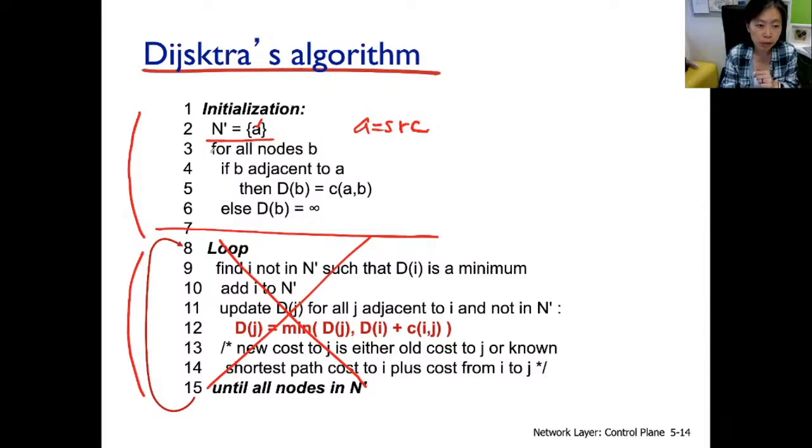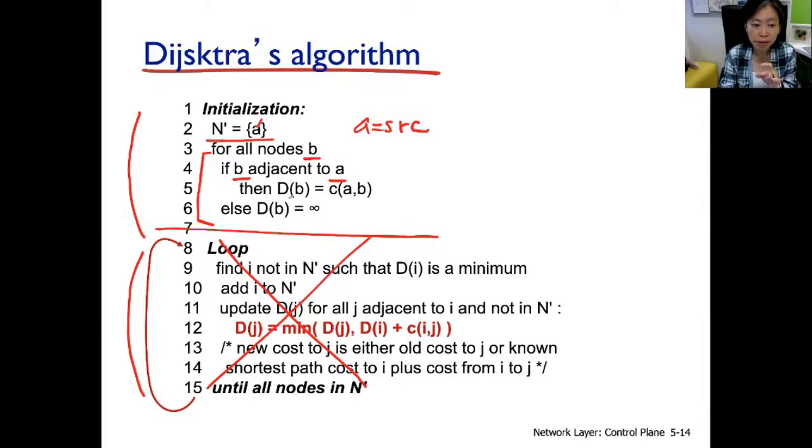Second thing we do is actually a for loop here. Inside the for loop, we'll go through all the nodes in the network other than the source. So all other nodes, and for each node v, we check whether it's directly connected to the source.